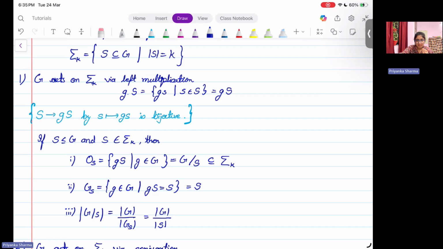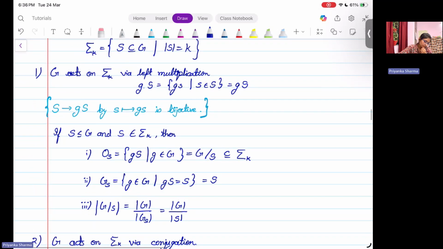That's why this gS is well defined under the group operation itself. Here this dot is actually the notation of group action, but here we are removing it because this is reduced to the group operation itself. So we can check that this map S to gS is a bijection.